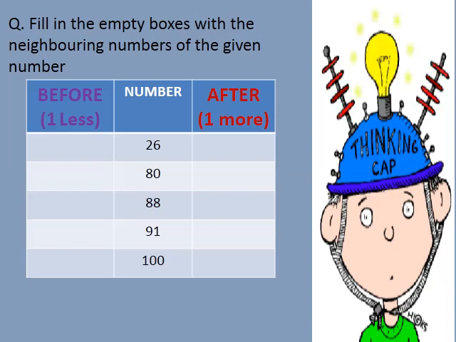So the number before 26 is 25 and number after 26 is 27. So 25, 26 and 27. Now the number before 80 is 79 and the number after 80 is 81. Children, now you also try to find out the neighboring numbers of the rest of the numbers that are given here in the table.